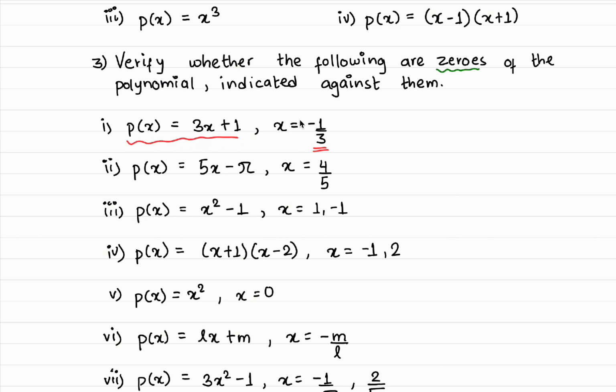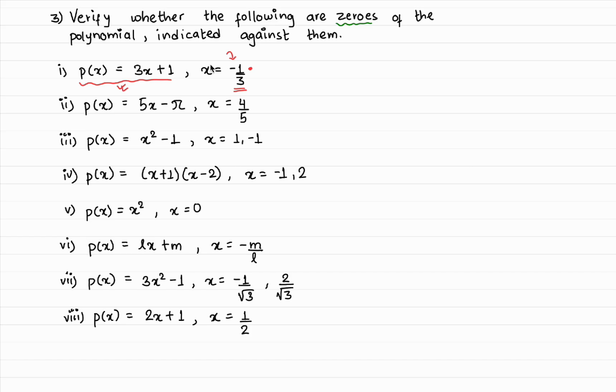If you put this value minus 1 over 3 in this particular polynomial and you get your answer as 0, then yes, it is a zero of this polynomial, and if you don't get 0, then it's not a zero of the polynomial. Let's just try to do this and I think you will figure it out. Let's start with the first one.